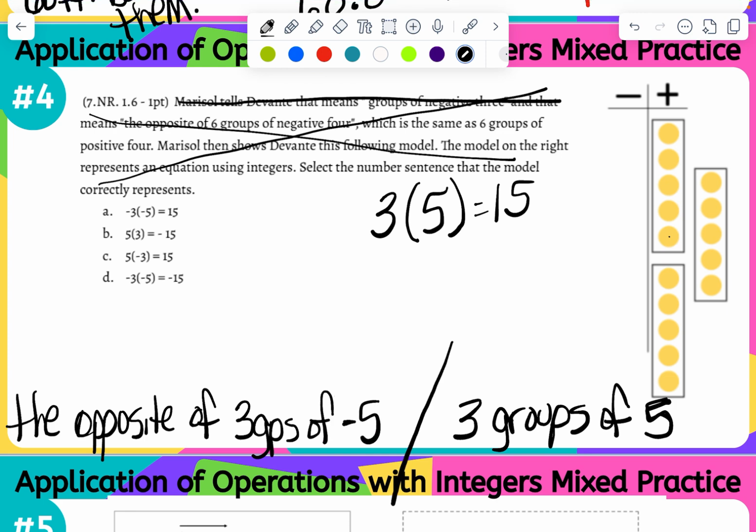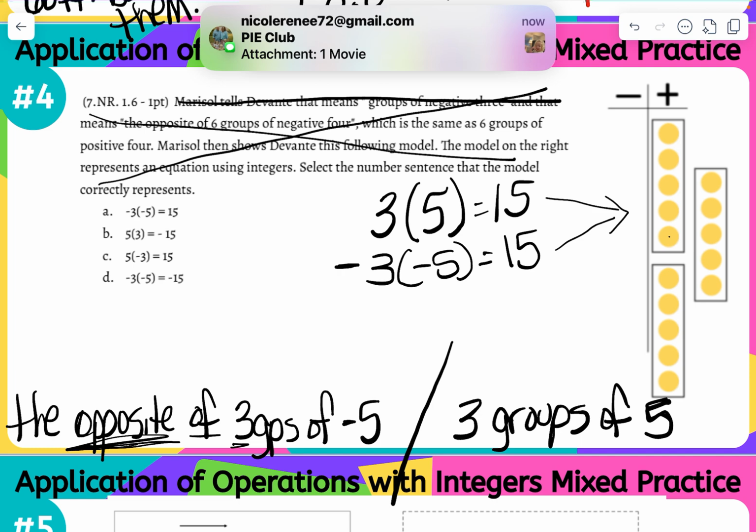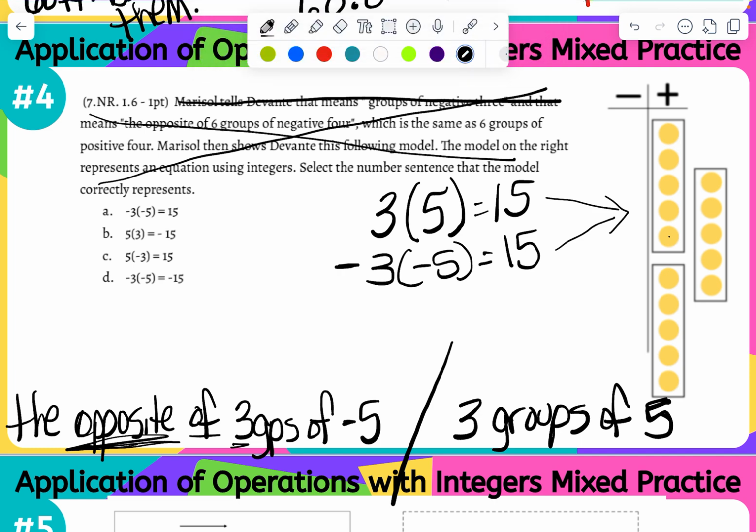It can be either one of those. The opposite of 3 groups of -5, which would be this, -3 times a -5, is also going to give you a +15. So either one of those expressions would be that model. Either one of those give you that model. But in our problem, the answer would be A.